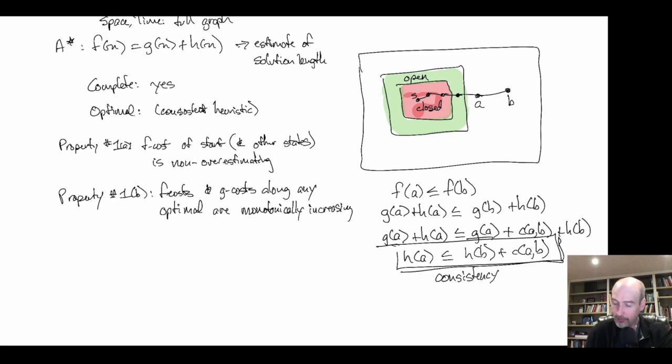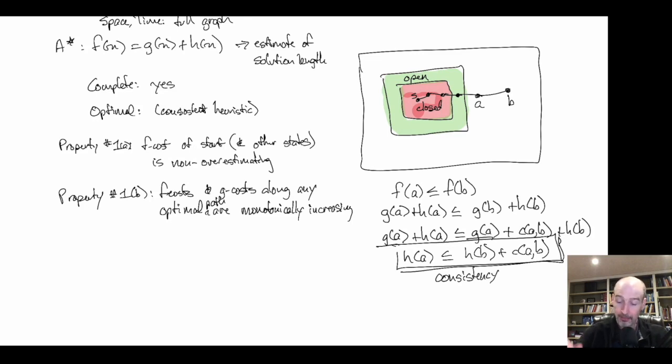Okay, so if we have a consistent heuristic, then along any optimal path, we're guaranteed that the F costs will increase and they will never decrease. F costs along any optimal path are monotonically increasing.